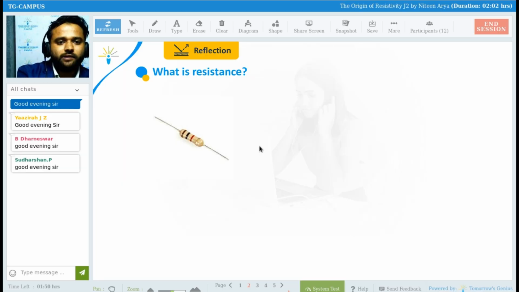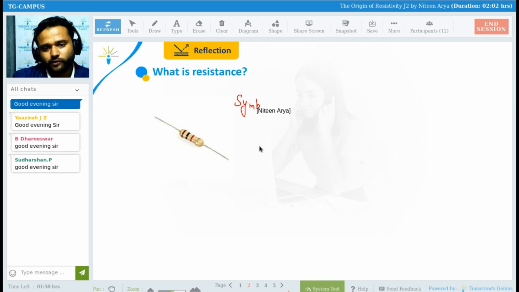Okay, so this is the symbol of your resistance. What is resistance? Now you tell me in your own language, not bookish language, because in the previous lecture I told you what resistance is. This is resistance in general, and that is how resistance looks in a laboratory.